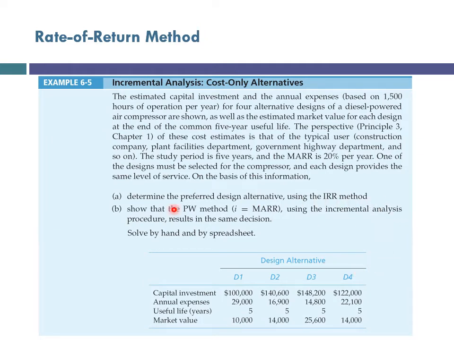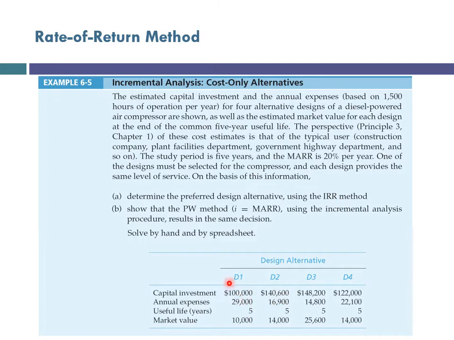We want to select the preferred alternative using the IRR method, and also using the same incremental analysis. We will still use the same incremental analysis, but this time not with the rate of return; we will use it with the present worth method, and we will see if this analysis with the present worth provides the same result as the IRR.